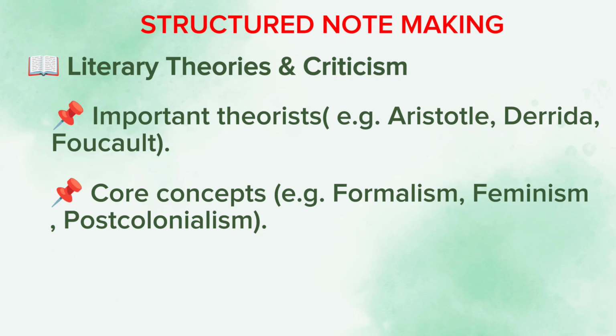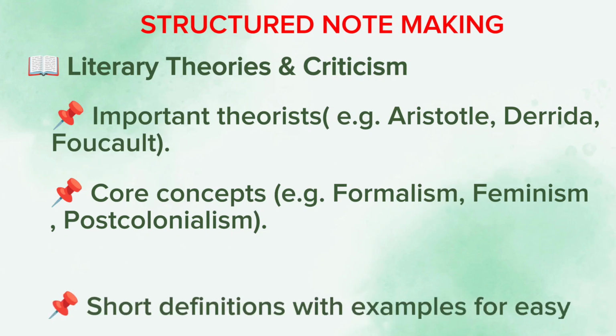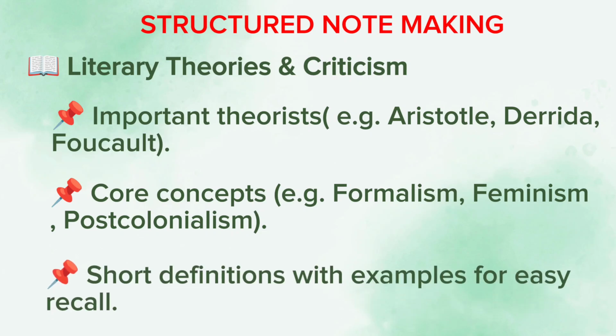You need to remember what these core concepts say to us, and you should note down a short definition with examples for easy recall. So this is the note-making strategy you should follow if you are preparing notes on literary movements and theories.